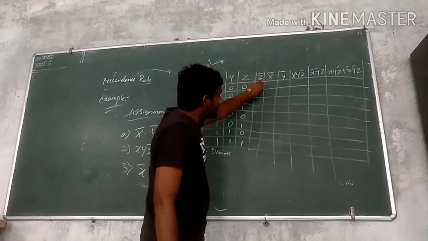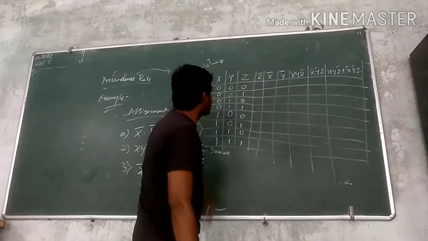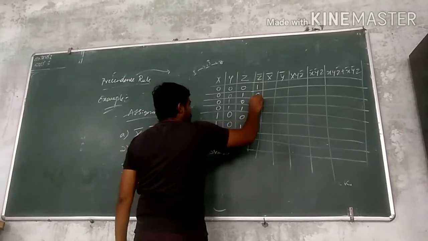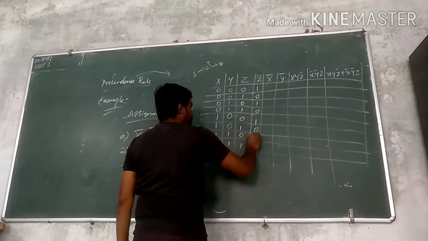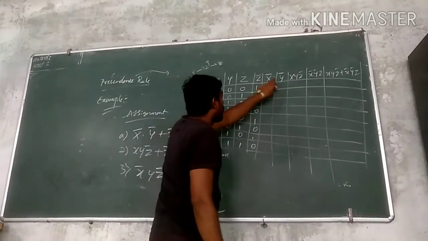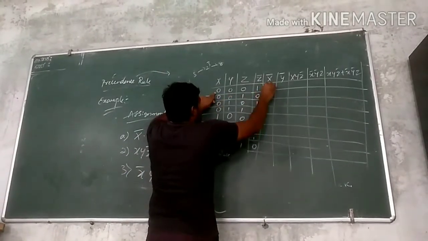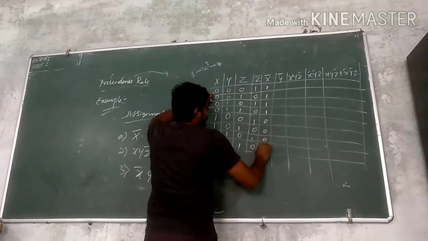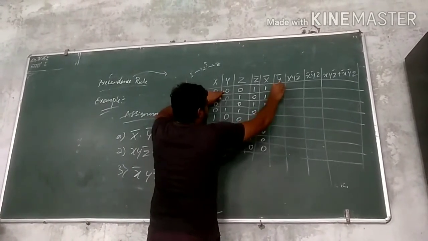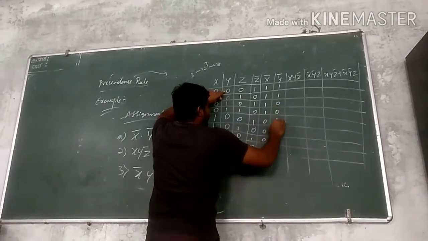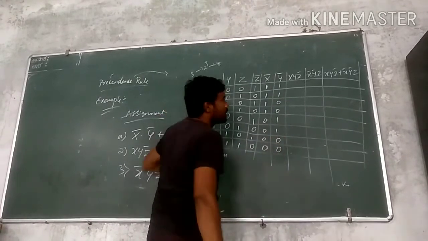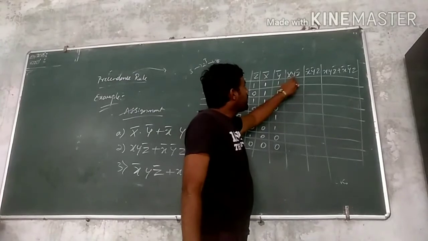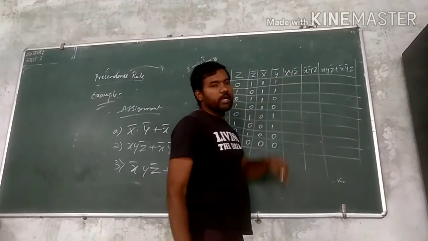So, z complement: make it 1, 0, 1, 0, 1, 0, 1, 0. And x complement is 1, 1, 1, 1, 0, 0, 0, 0. Y complement is 1, 1, 0, 0, 1, 1, 0, 0, the reciprocal of the variable.